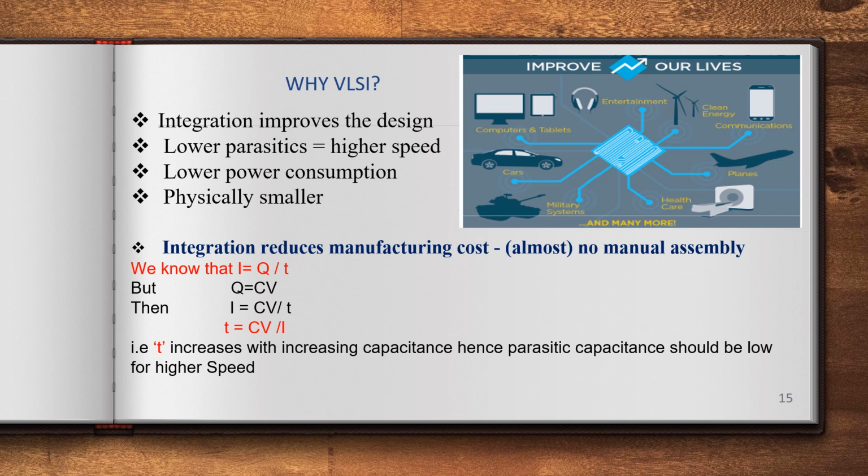Propagation delay increases. If T increases with increasing capacitance, hence parasitic capacitance should be low to keep propagation delay less. If propagation delay is less, the circuit will be faster, which leads to higher speed.